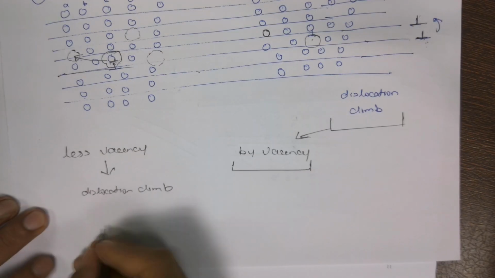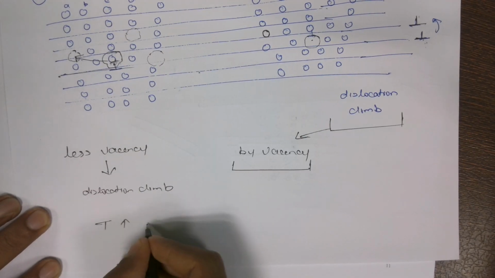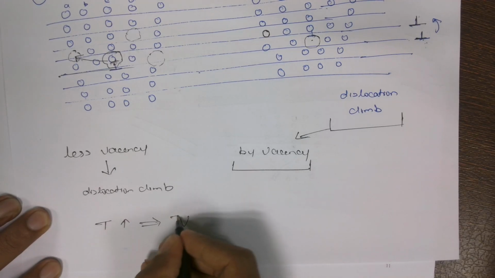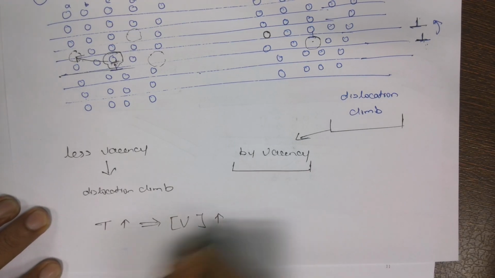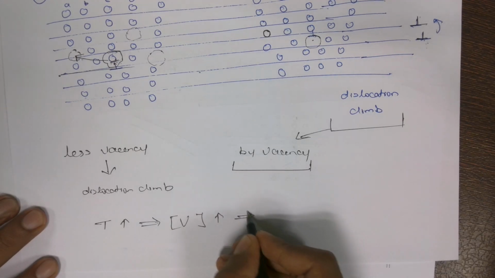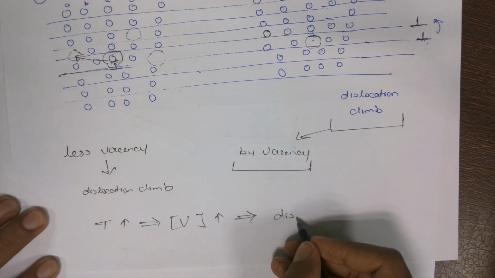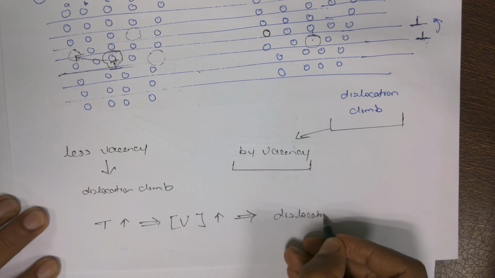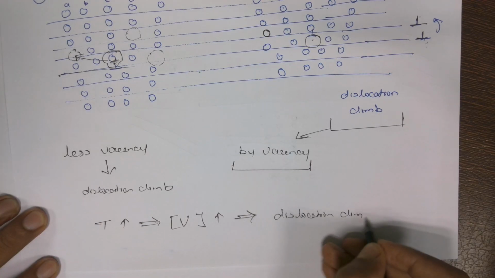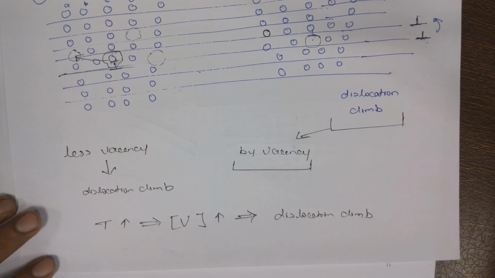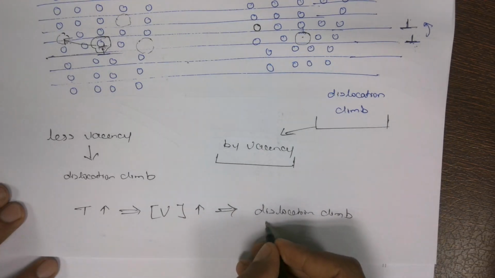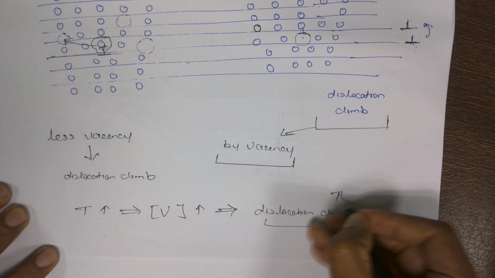One thing we know, if I increase the temperature, my vacancy concentration will also increase, and so my dislocation climb can happen. So this is the reason why dislocation climb happens at high temperature.